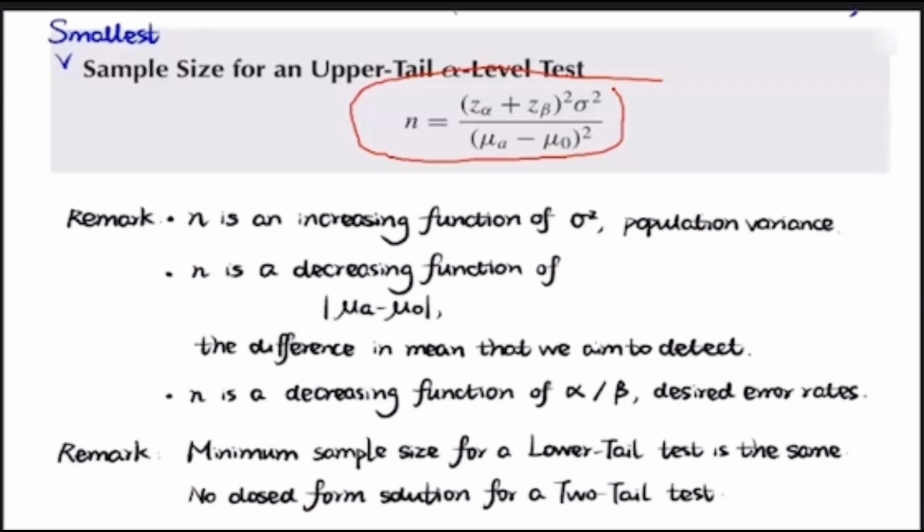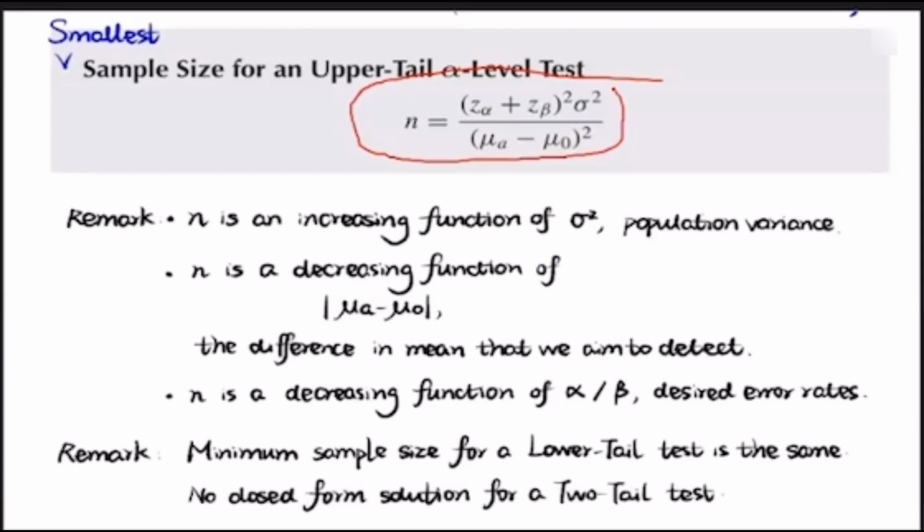Now, the difference in mean that we actually want to detect, if that is very large, then the sample size is going to be smaller, a decreasing function. And n is a decreasing function of alpha and beta, your desired error rates.